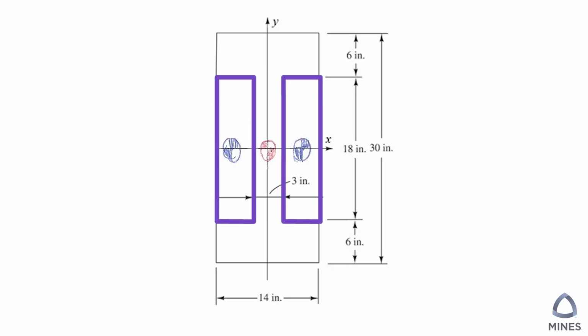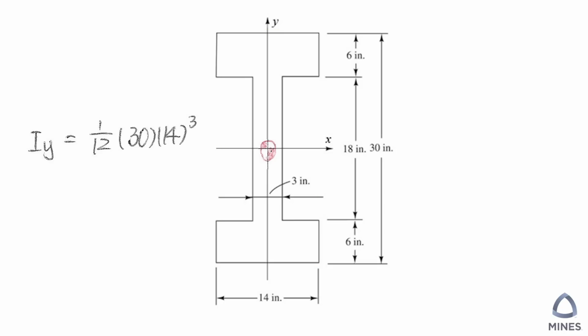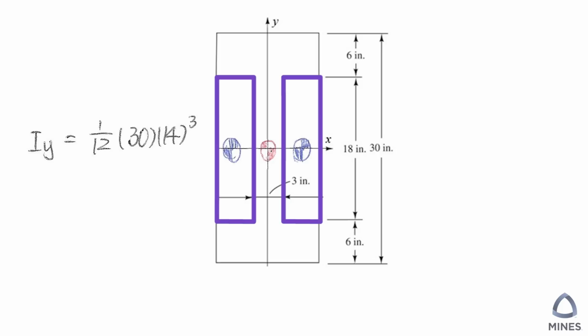And now you can see for the area, let's write them down. 1/12 b h cube for the big area, the rectangle, will be 30 times 14 cube. And then we take off 2 areas, so we double them.